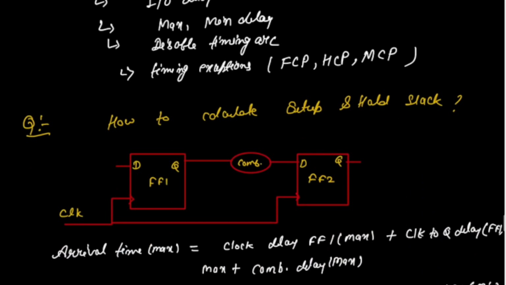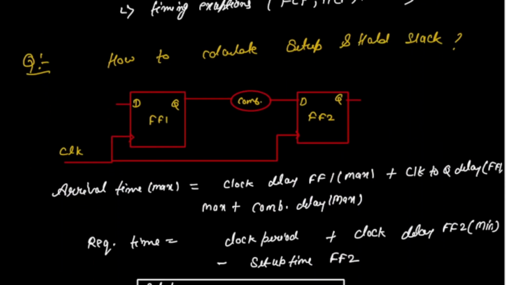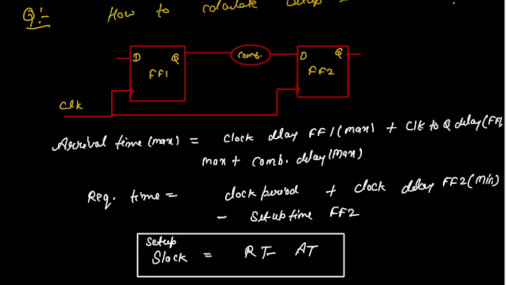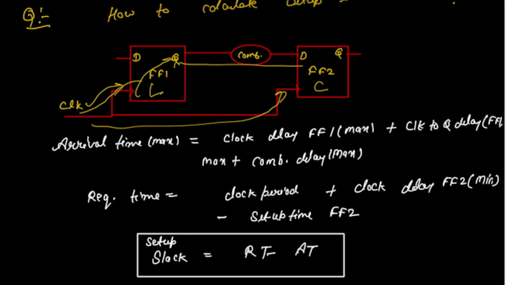Next question is how to calculate the setup and hold slack. So this is the launch flop. This is the capture flop. This is the input D, output Q, combinational logic, D, Q, clock, launch, capture. So arrival time is clock delay of flip-flop 1, plus clock to Q, this is maximum, plus combinational delay.